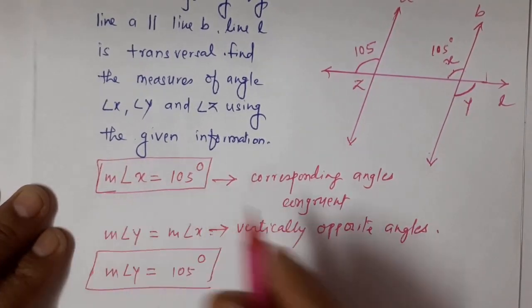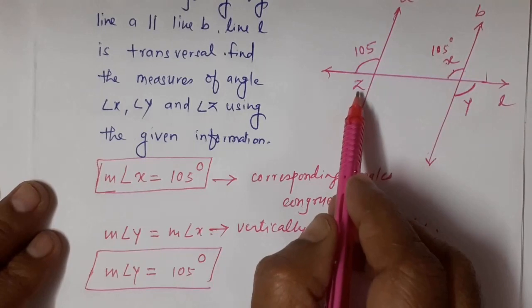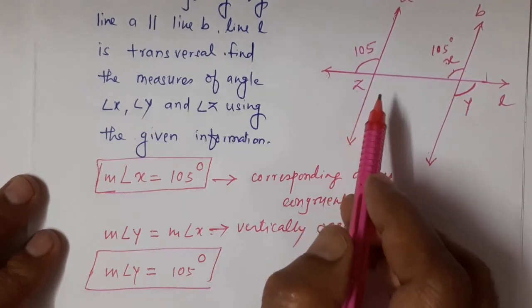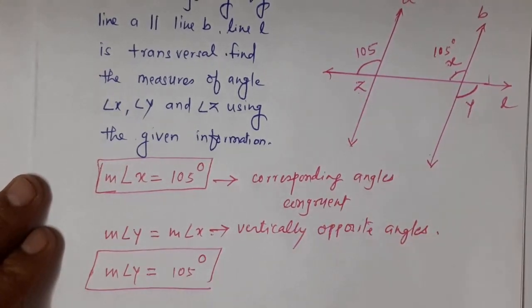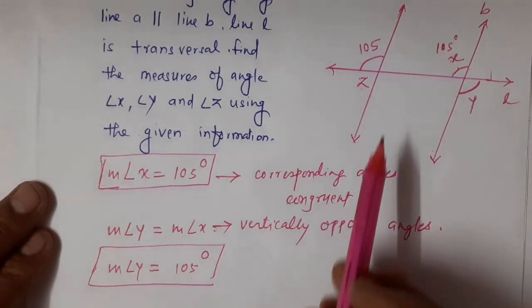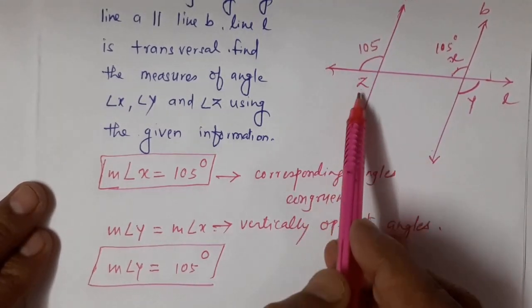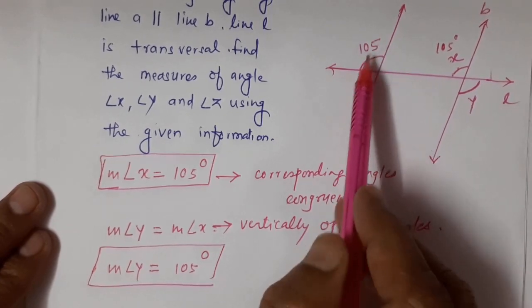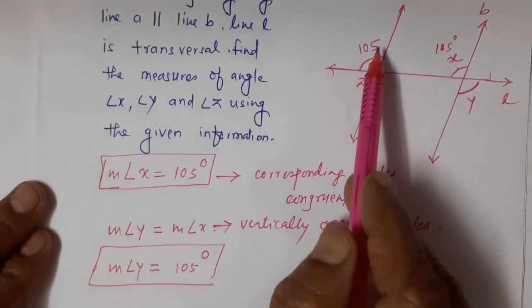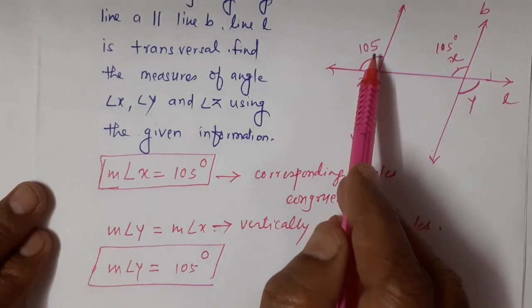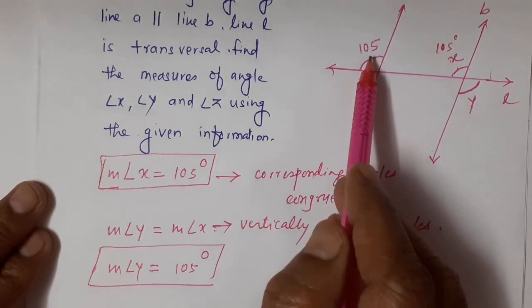Now we have to find out the last one, that is the value of z. Suppose this is 105 degrees and this is the angle z; these are a linear pair. What is the linear pair principle?